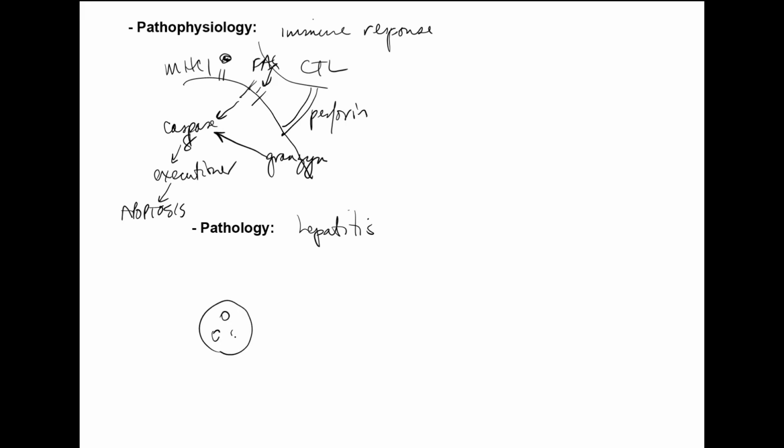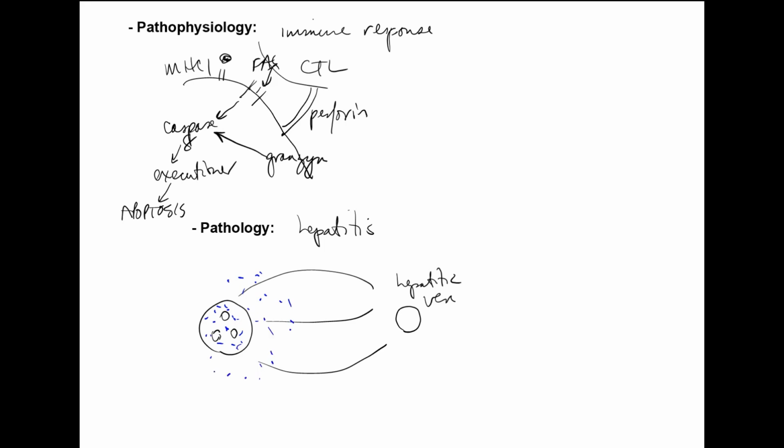So if one forms a portal triad with the hepatic artery, portal vein, and bile ductule, together with the hepatic vein, and then there are the arrays of hepatocytes. Inflammation starts in the periportal region and then extends out into the hepatocytes. And that is a classic hepatitic pattern for almost all of the causes of hepatitis.